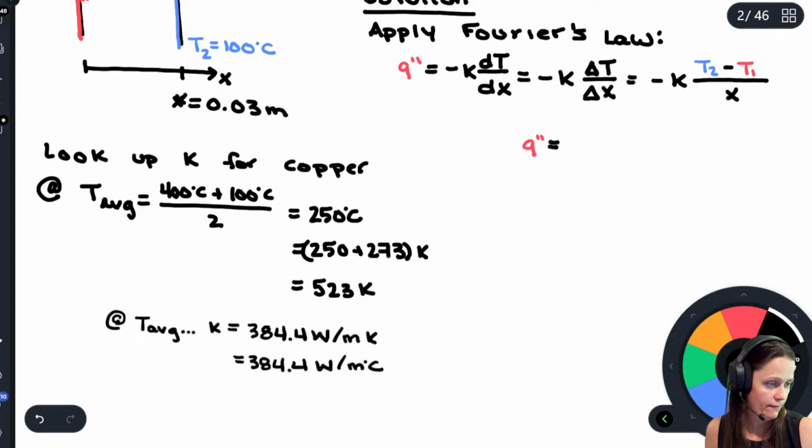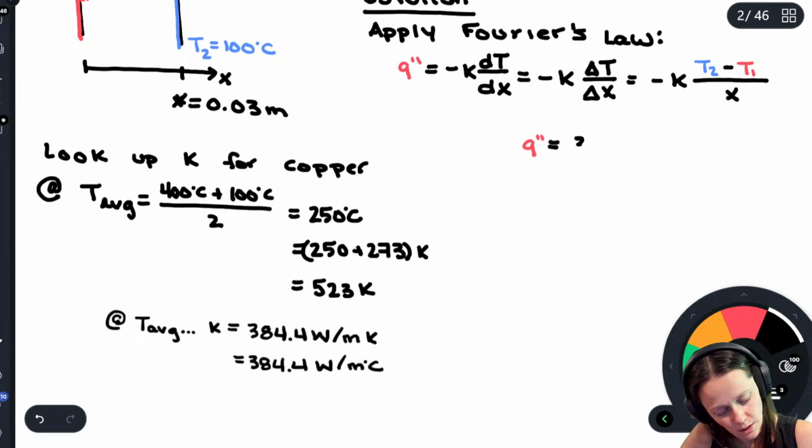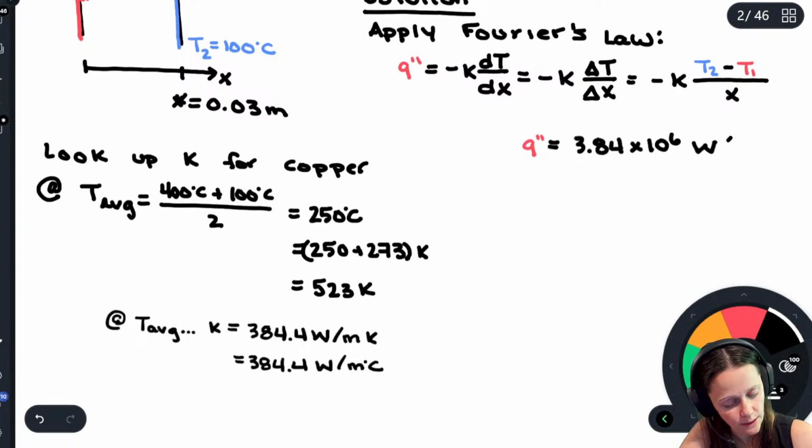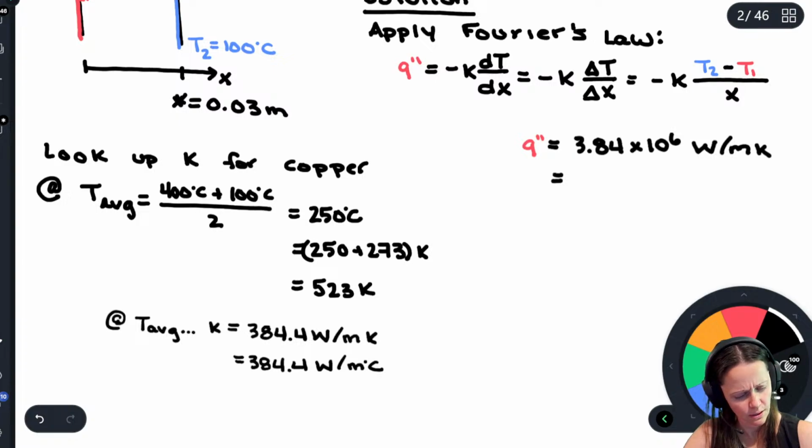I end up getting a value of 3.84 times 10 to the 6 watts per meter Kelvin. I'm sorry, not watts per meter Kelvin. That makes no sense.